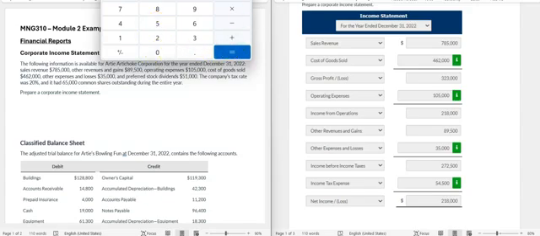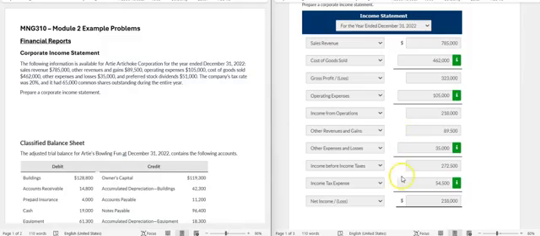Income tax expense of 54.5. So when we subtract that from our income before taxes, we calculate a final bottom line net income. Again, with this multi-step income statement, we're seeing multiple steps, multiple subtotals, and subcalculations along the way to calculating overall net income.